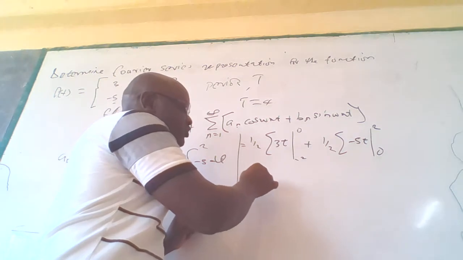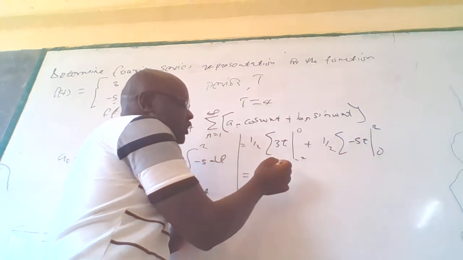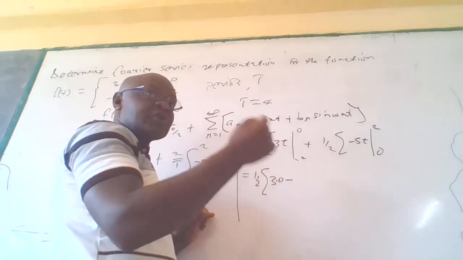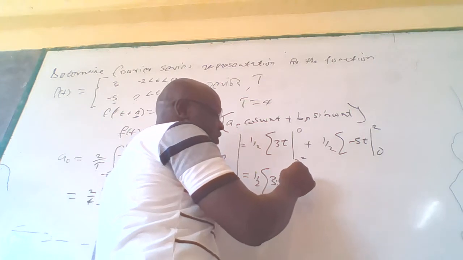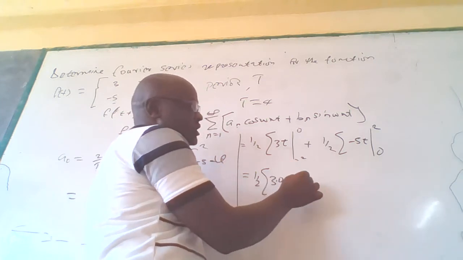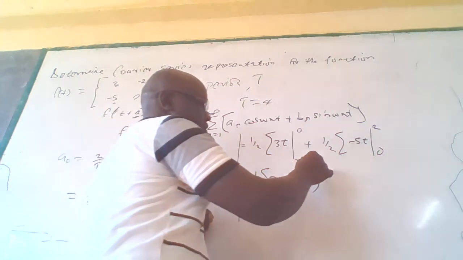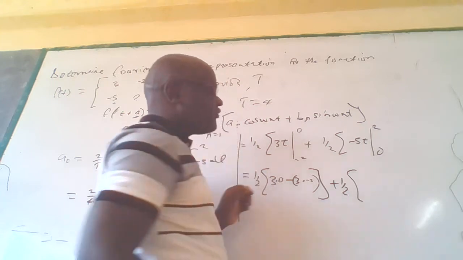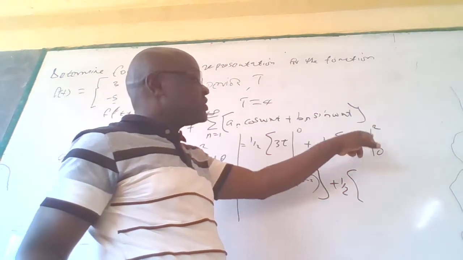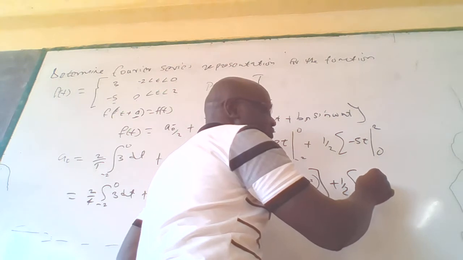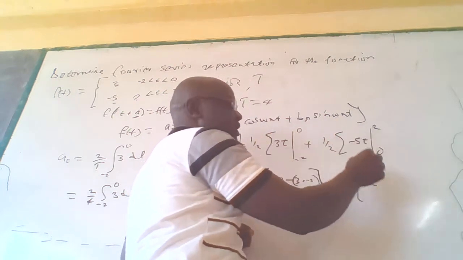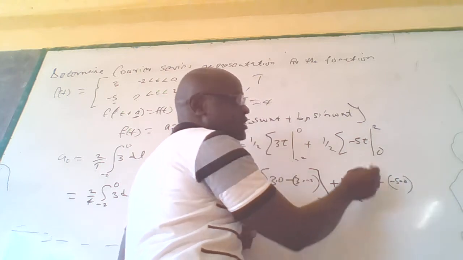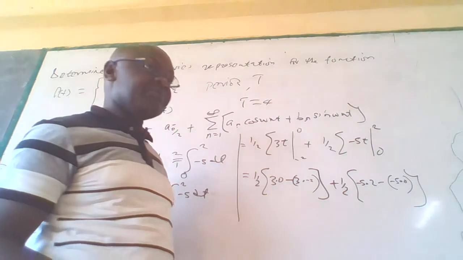So we have a half into 3 times 0, then minus, we substitute the lower limit, 3 multiplied by -2, then plus a half into, starting with the upper limit, -5 times 2, then minus -5 times 0, the lower limit.